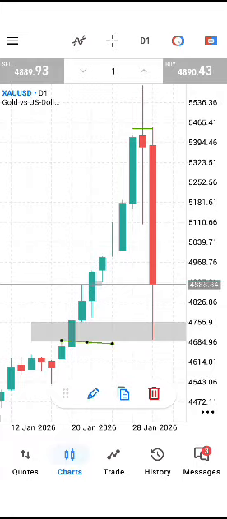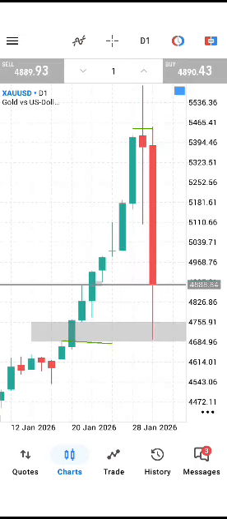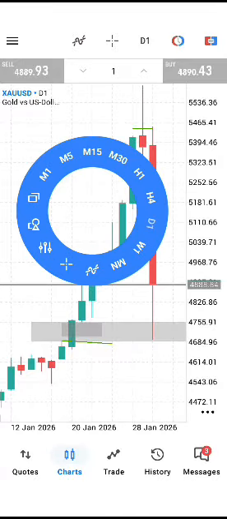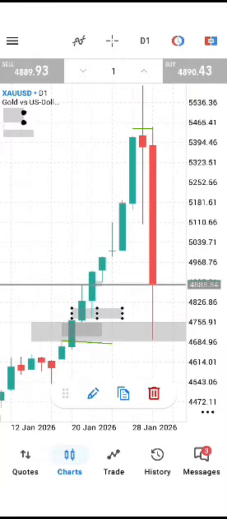that I underline on top of it. This is the second candle here, and this is the third candle. So this is the first candle, second candle, and third candle.